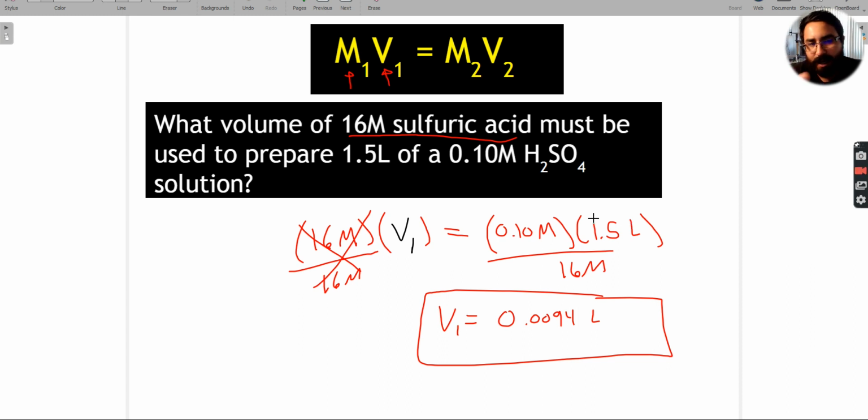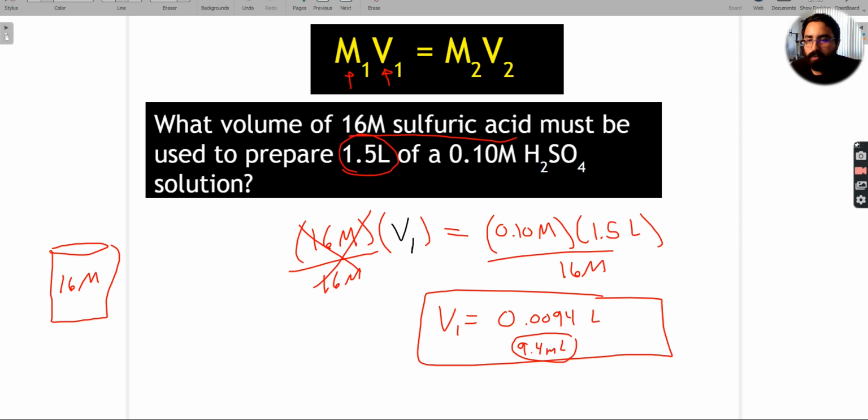So I know I'm done with the sample problem, but I want to explain what it really means. So how would you do it? You basically have a bottle or a container of some very spooky stuff. You have 16 molar sulfuric acid, dangerous stuff, super scary. Now, what you're going to do is get 9.4 milliliters. That's a very, very small amount.